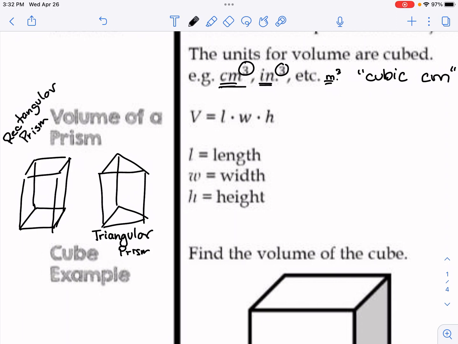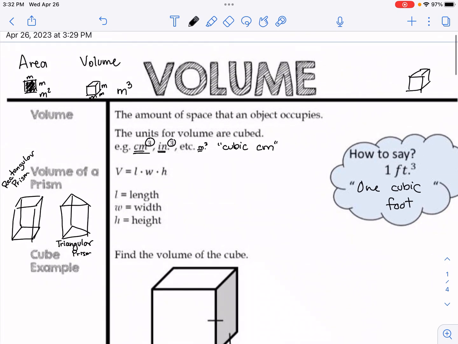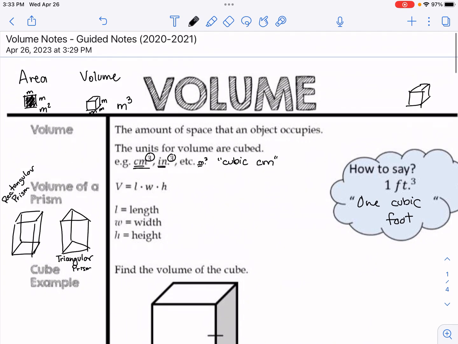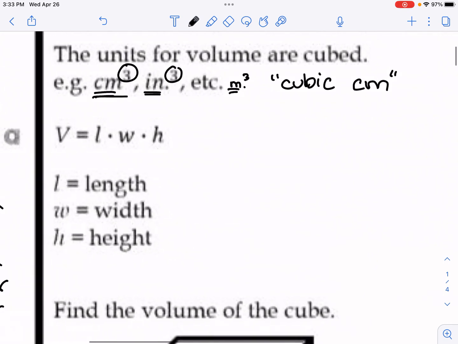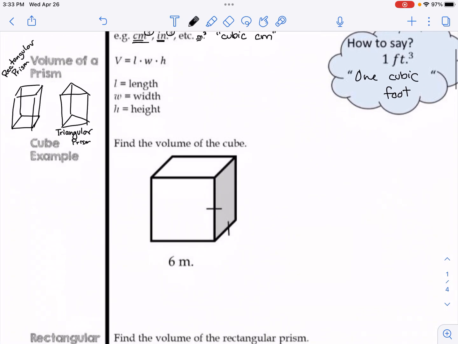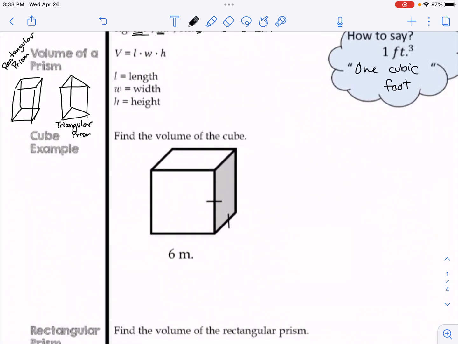Right, different than a pyramid. A pyramid meets at a point, at an apex. Anyways, so to find the volume of a prism, it's L times W times H, which is length times width times height. Pretty much you see 3 numbers and then you multiply those 3 numbers together and you get the volume. Okay, so we'll take this example, a cube.